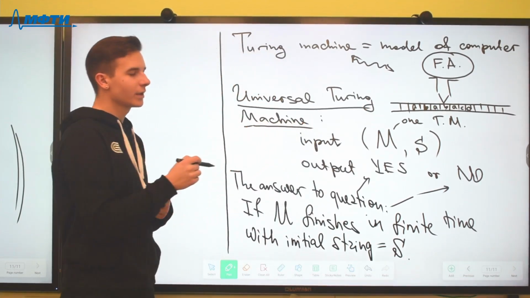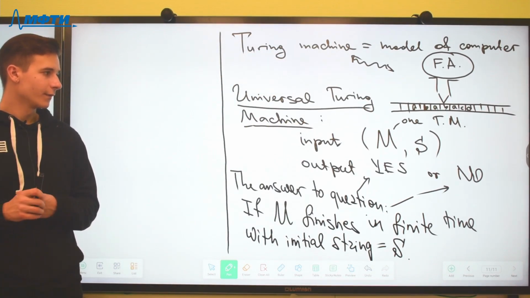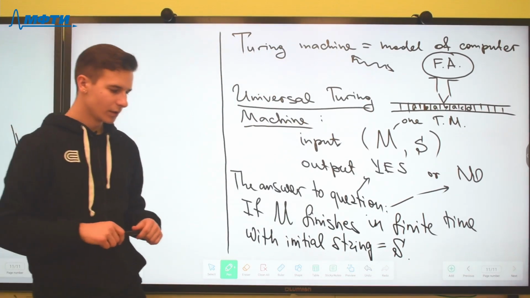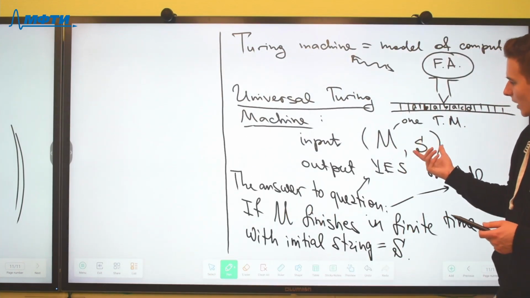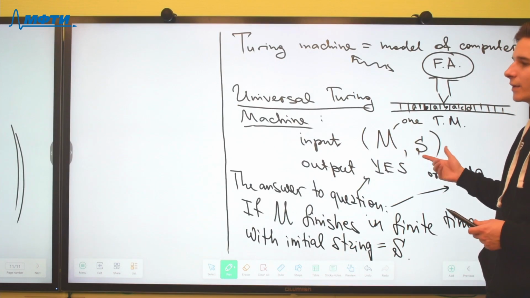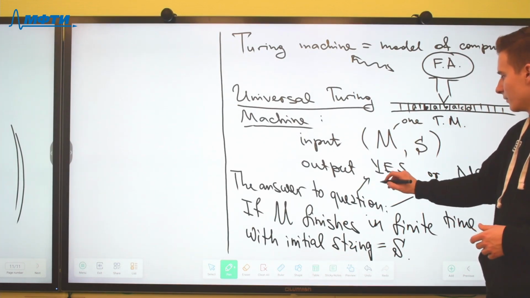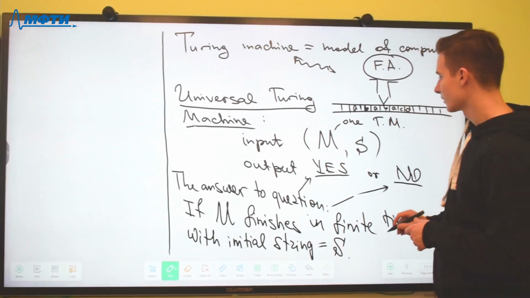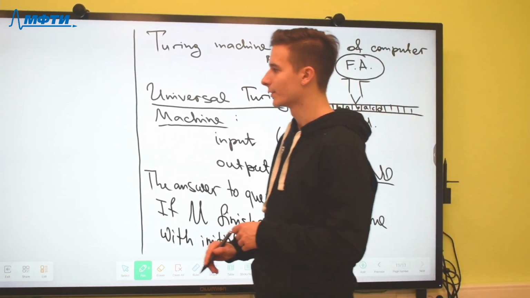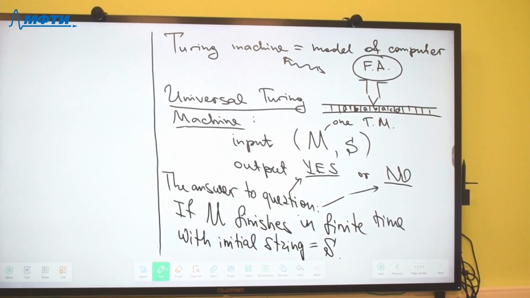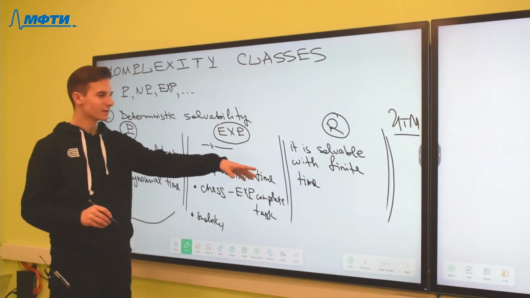We don't know, given an expression of a Turing machine and some string, that we get the right answer in finite time. So the universal Turing machine is out of these classes.